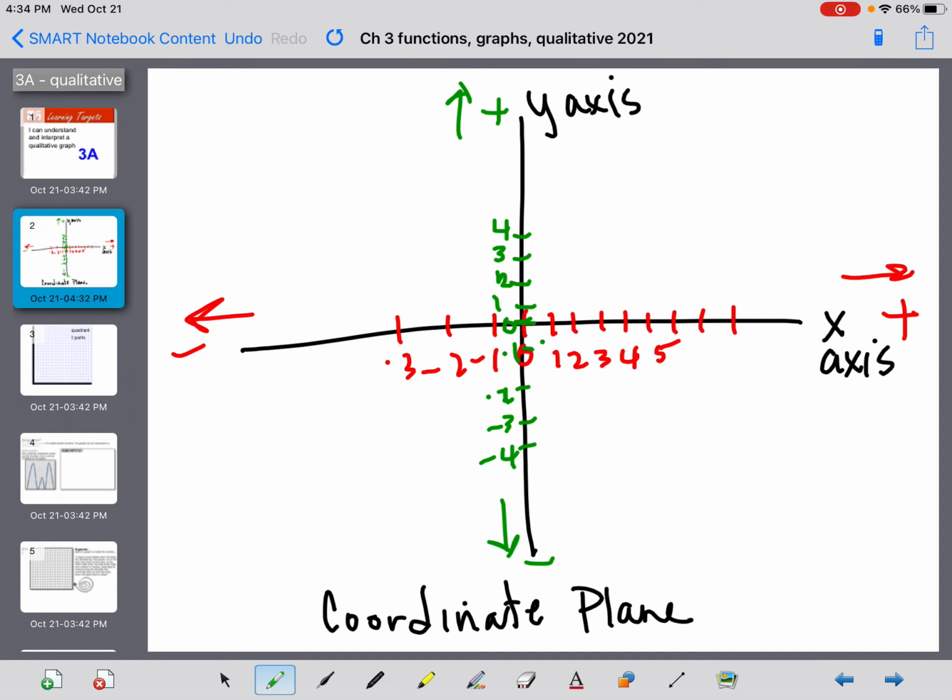And we started using that when we were in 7th grade. And we said that each of these sections was called a quadrant. So we have 4 quadrants: 1, 2, 3, and 4.